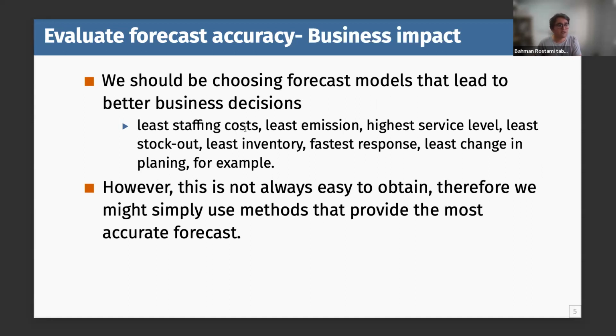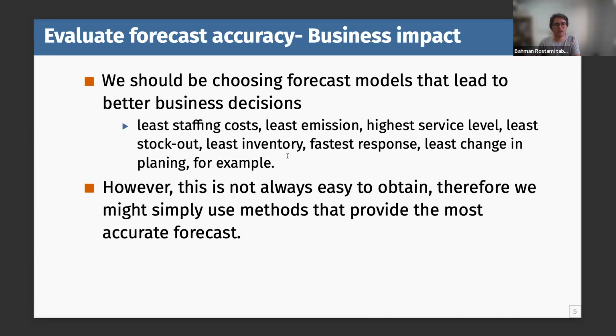Surprisingly, the association between forecast accuracy and decision impact is not linear. It doesn't mean that if a model gives you the most accurate forecast, the decision impact would also be best for that model. So the association is not linear, right? But ideally, this is what we actually care about.